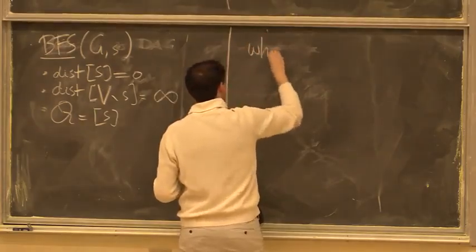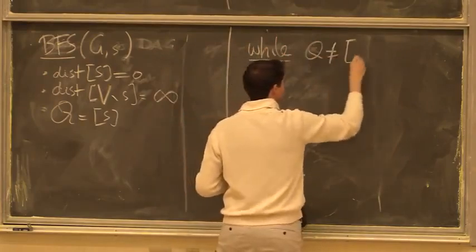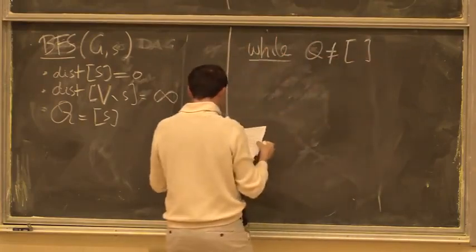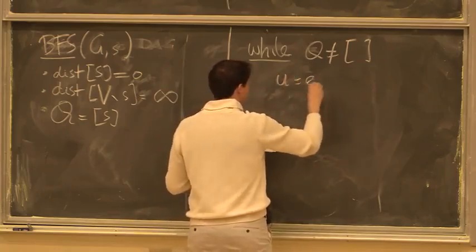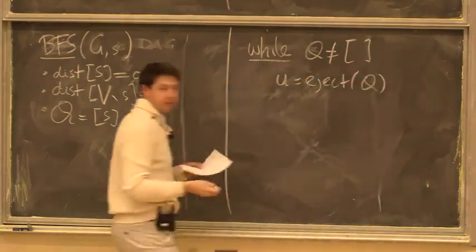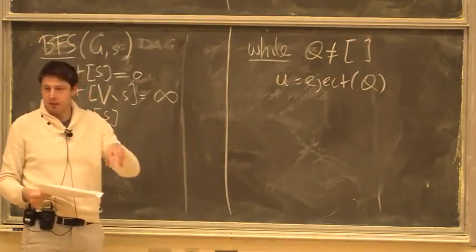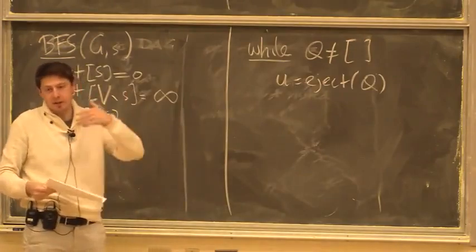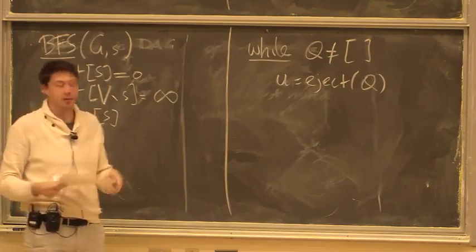The algorithm itself will say, while the queue is not empty, we're going to ask the queue to give us the next vertex to work on. Maybe this vertex is in the same ring as the previous one, or maybe it's the first vertex we're exploring in the next ring.